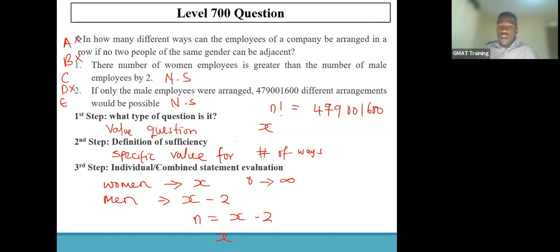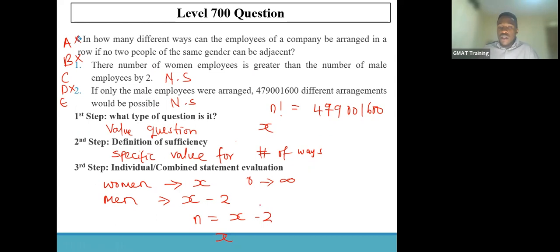In combining the two statements, we would need to meet these two conditions. If we are to arrange the male employees, you would expect n factorial to be this value, which means you can get a specific value for the number of male employees. And then we would want to meet the condition where the number of women employees should be greater than the number of male employees by 2.